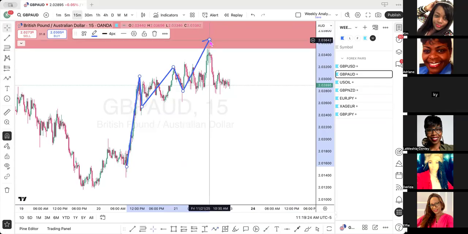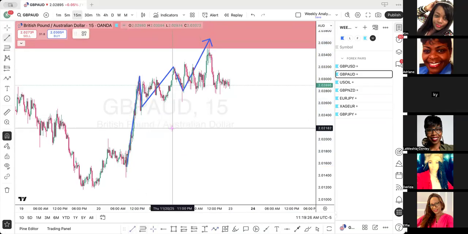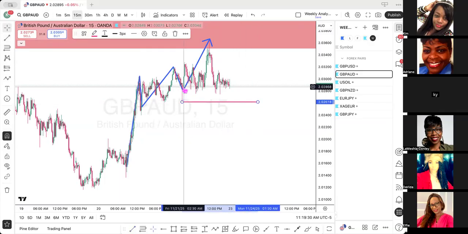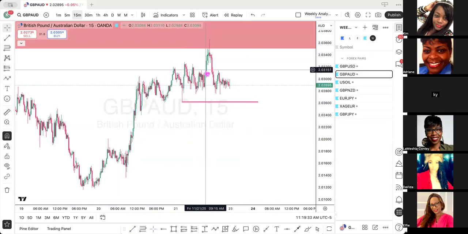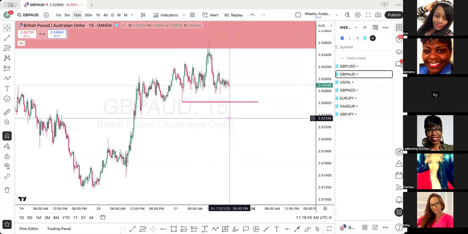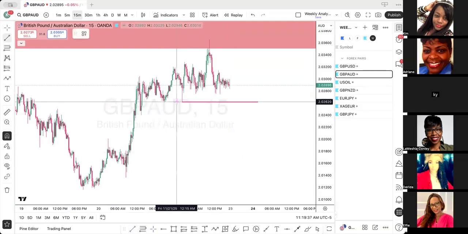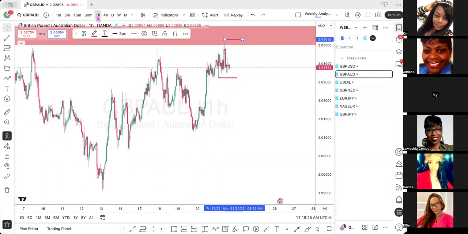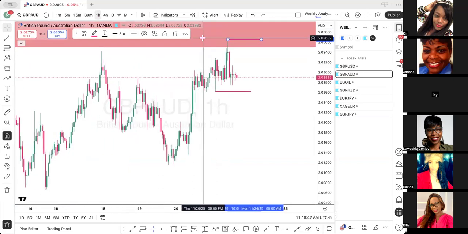So this would be my current swing low. Okay. So price would either need to break this low for me or break this high. And as you can see, this has been consolidating for a while.